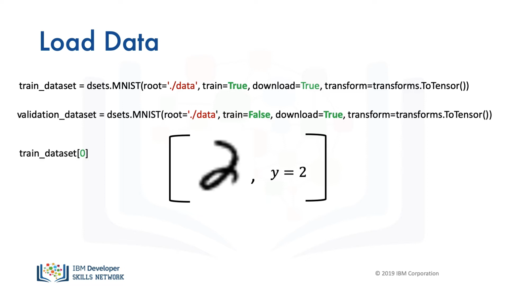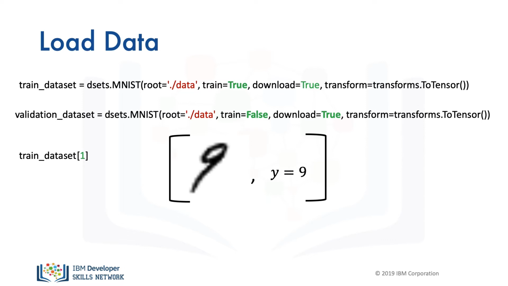The first element of the train dataset contains a tuple. The first element of the tuple is the actual MNIST image loaded as a tensor, and the second element of the tuple is the actual class of the image, which in this case is 2. Similarly, the second element of the training dataset is also a tuple containing the image and the class of the image.